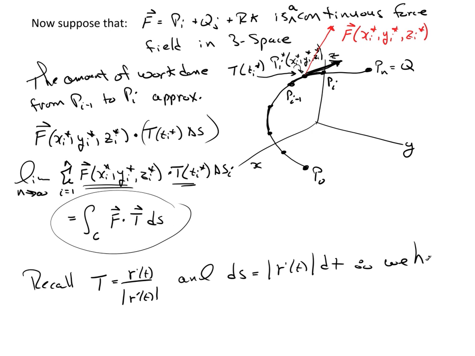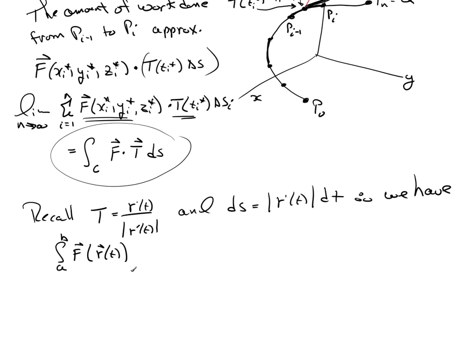Therefore, we have the integral from a to b of f of r of t dot t, but t is r prime of t over the magnitude of r prime of t, ds, but ds is the magnitude of r prime of t dt.